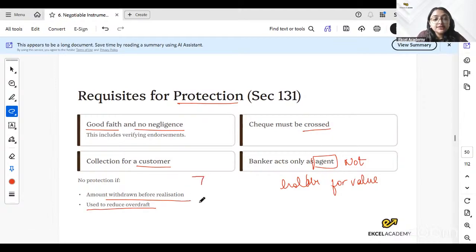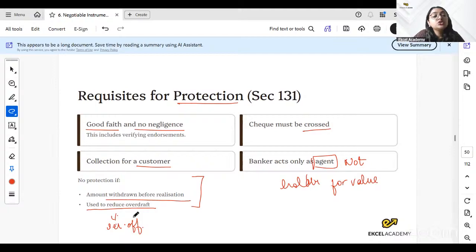So these are cases wherein your customer has to authorize this, but if you do so without the customer's authority and you withdraw the amount before it is actually realized, or if you use it to reduce overdraft. So we saw this is basically set off. When we saw the bank's rights, we saw that there's a right to set off an appropriation as well. So if any of this is done, then the banker will not be protected.